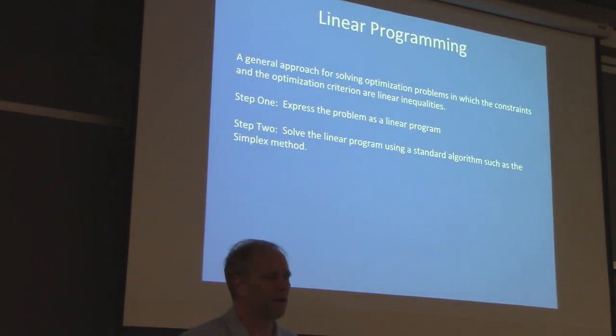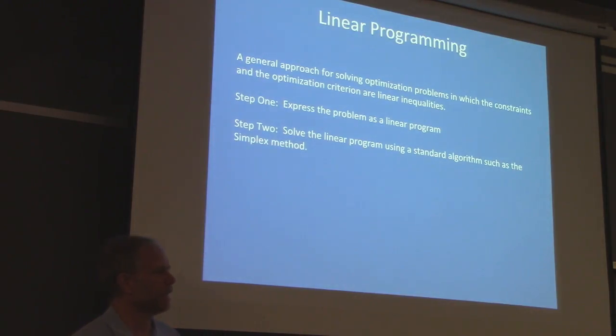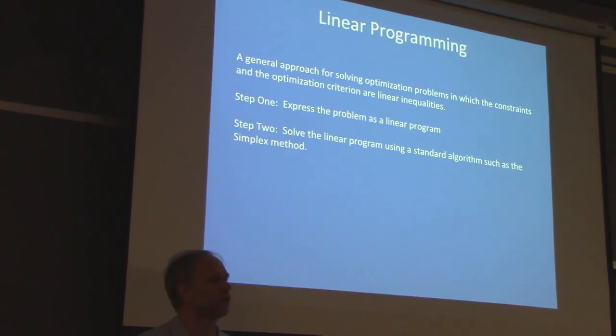One thing that we'll talk about next time, which is kind of neat, is that any optimization problem that you can solve in polynomial time can be solved in polynomial time with a linear program. So in a sense, linear programming is a completely general way of solving polynomial time problems.